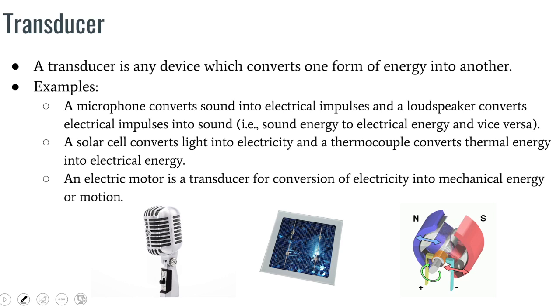The next category of devices that you may come across when you are building digital control systems is what we would identify as transducers. So the main property of transducers is that they convert energy from one form to another.